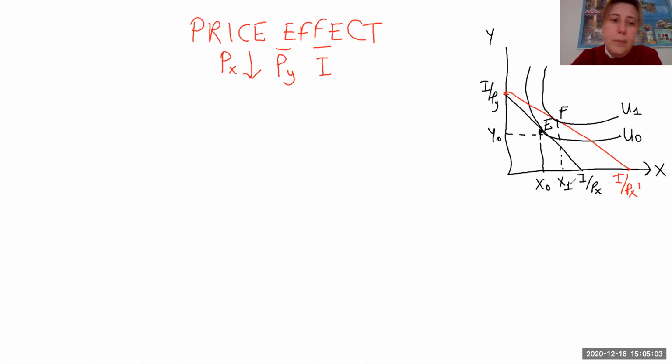So in normal cases, of course, there are some exceptional cases. We will learn them in this chapter. But in normal cases, we expect that while the price of X is going down, the quantity demanded of good X increases. So this negative relationship is called the law of demand, as you know.